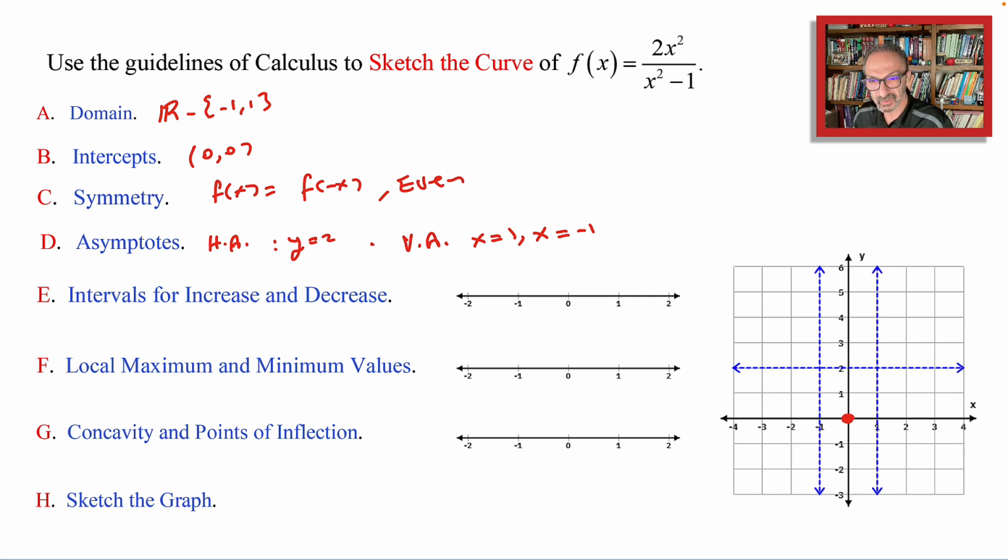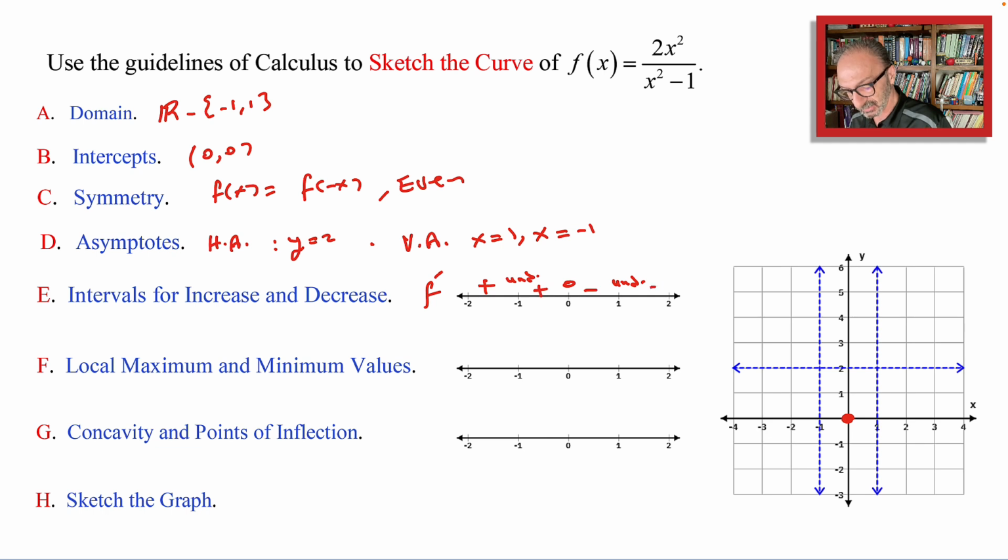In terms of increase and decrease, let's see, first derivative test. First derivative test was at 0 equals 0, undefined at 1, and undefined at -1. And we ended up with increasing, increasing, decreasing, and decreasing.